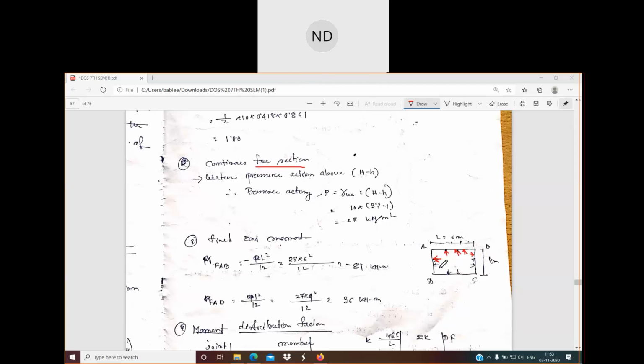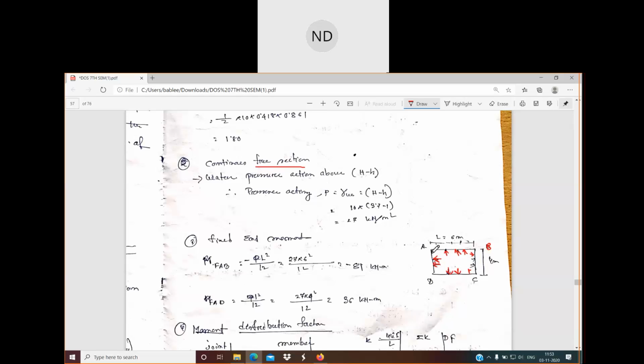Okay, so these are the water pressures acting on the inner walls of your tank. This is your A, B, C, D. Now we are going to find out the fixed moments.